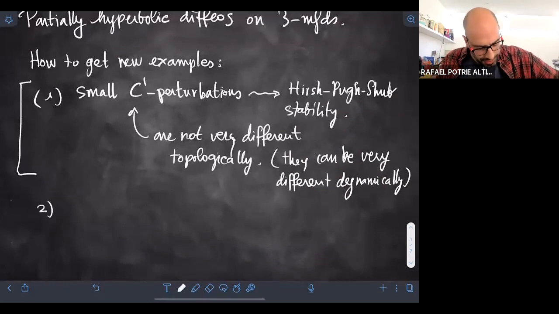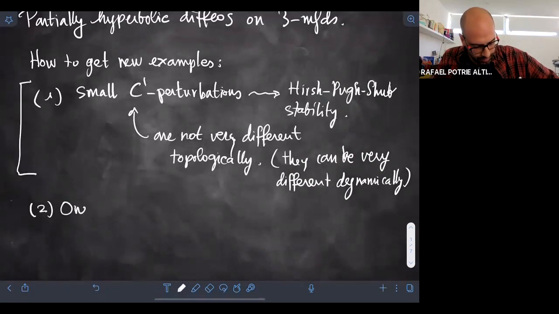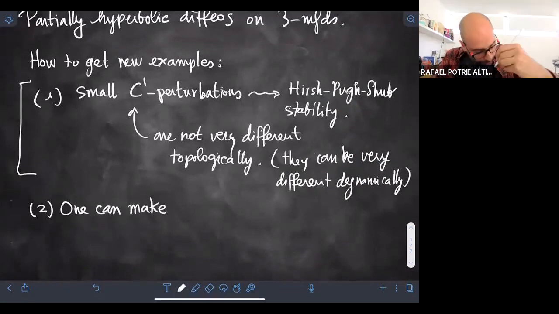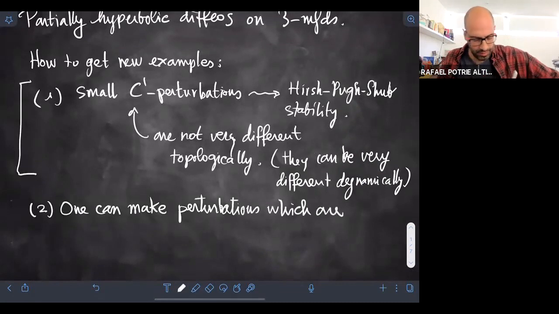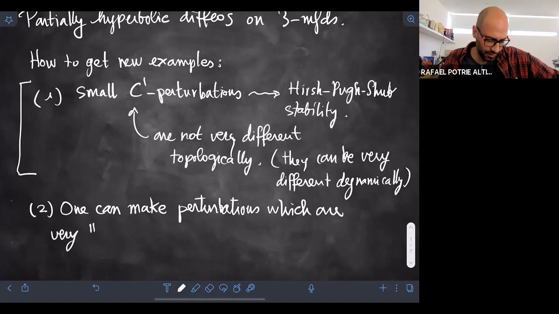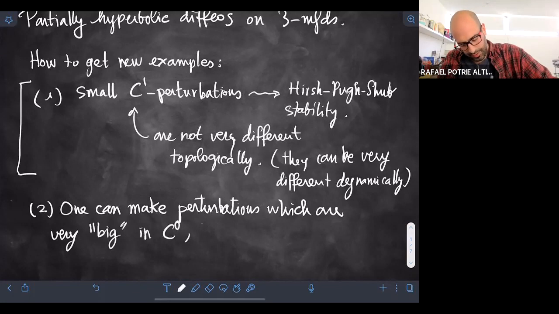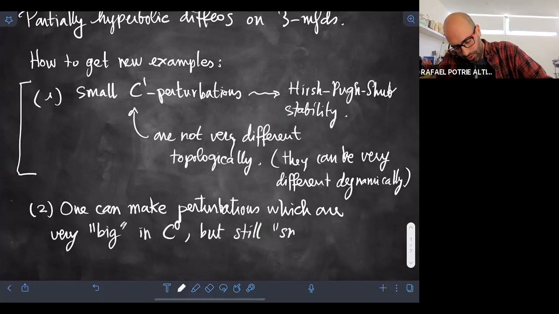And so, in the next lecture, what I will explain is how one can make perturbations which are very big in C0, but still small in C1.